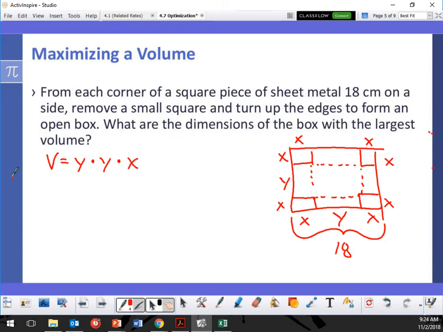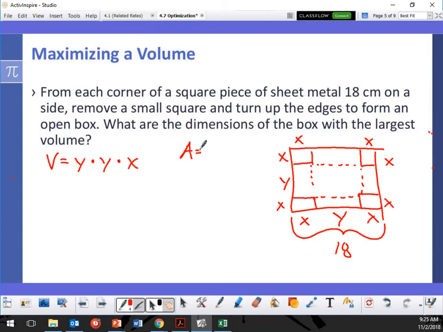Okay, but what else am I working with now? I'm working with a surface area, aren't I? So the area of this would be equal to, okay, how would I get the area of that? It's Y plus 2X, squared.